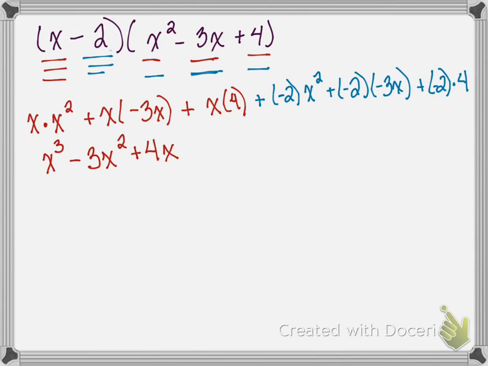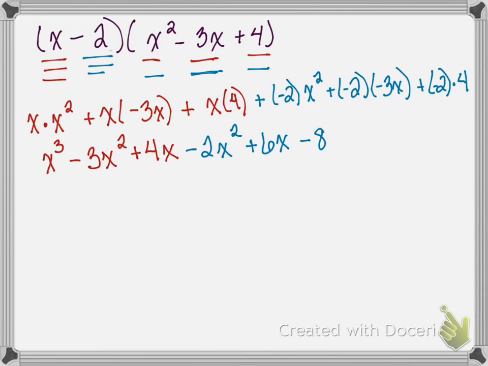Okay. Negative 2 times x squared, minus 2x squared. Negative 2 times negative 3. That is plus 6x. Negative times a negative is a positive. Negative 2 times positive 4. Negative 8.